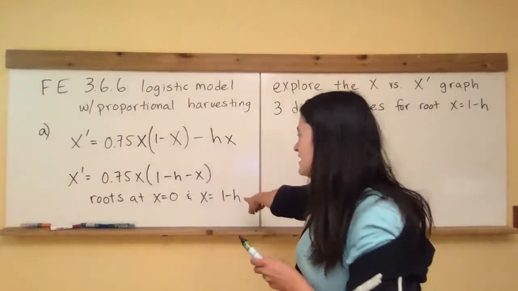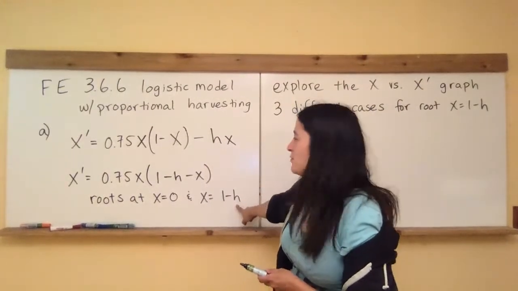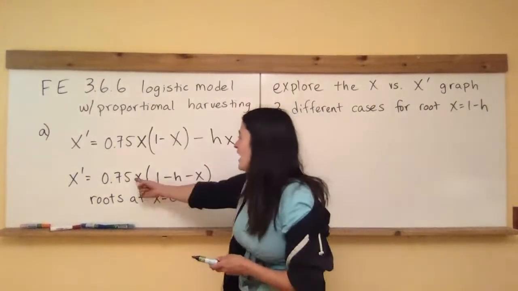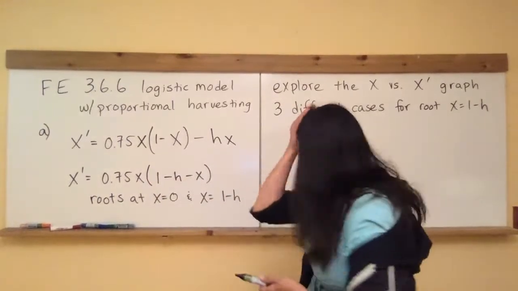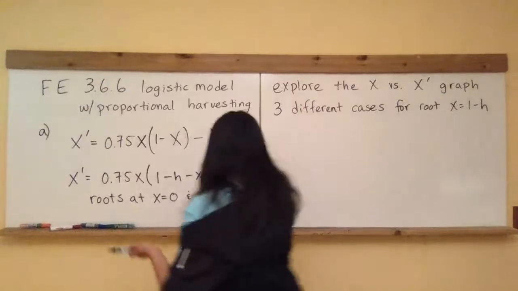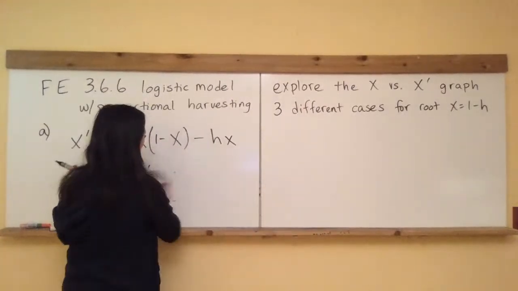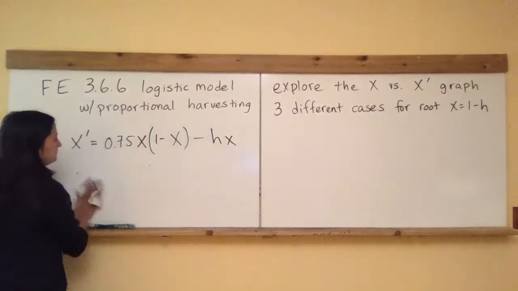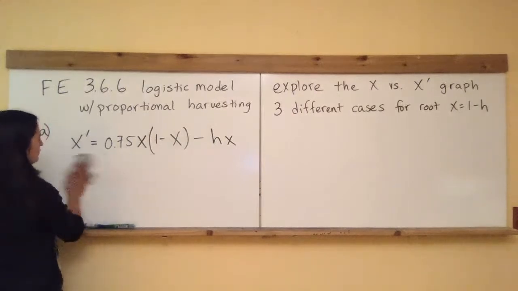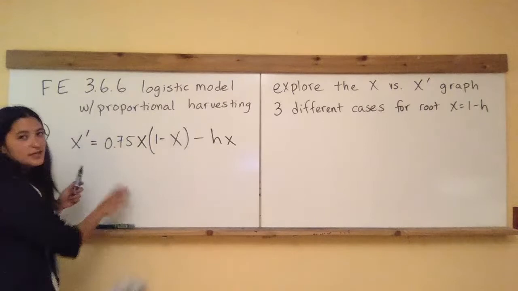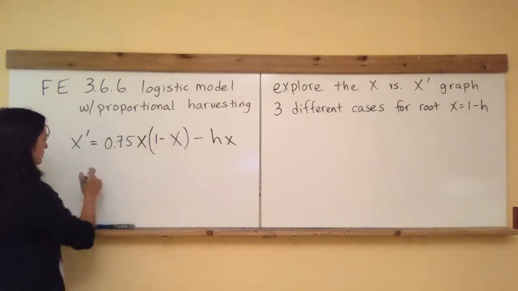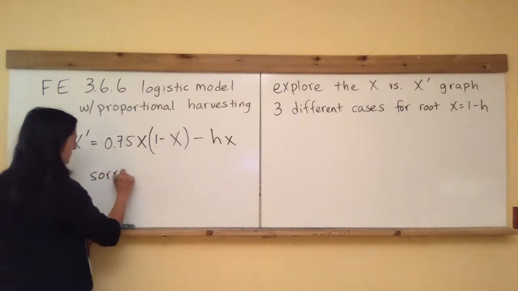I was thinking it would be h is equal to 1, but that's only because I accidentally factored this the wrong way on the board. So let me take this back. That's okay, we all make mistakes. How about I don't even try to factor it? Sorry, that was a mistake on the board. I factored it wrong.